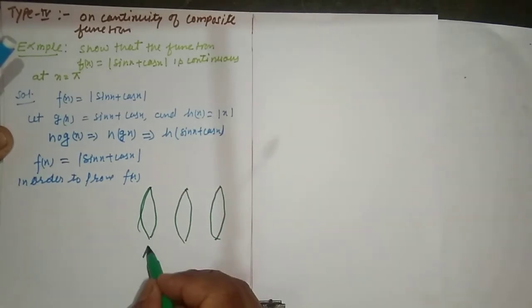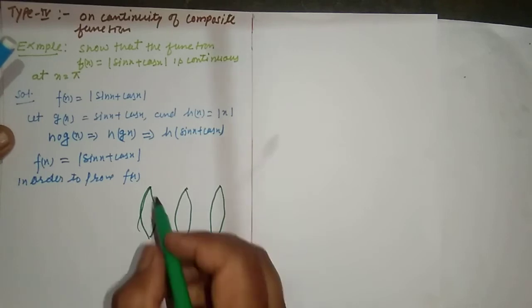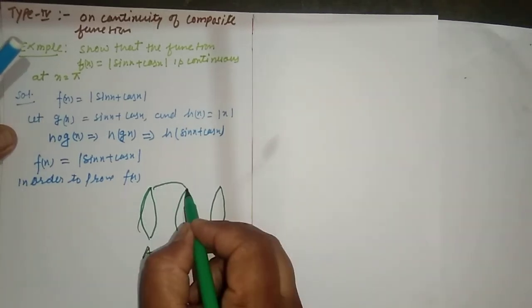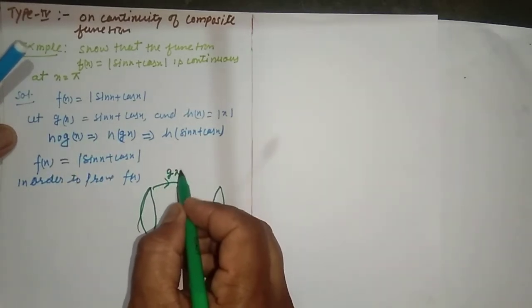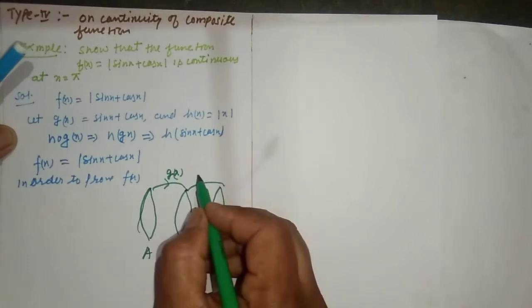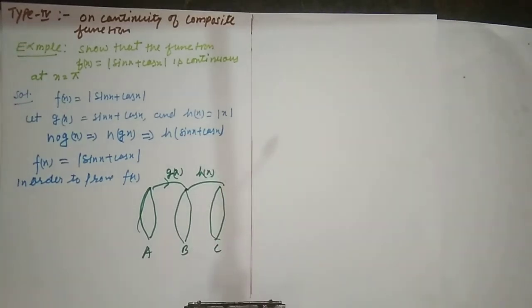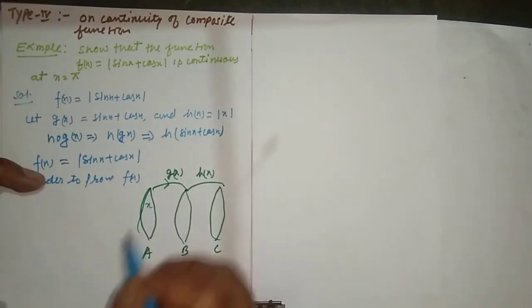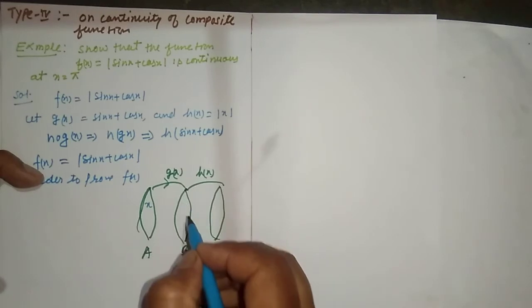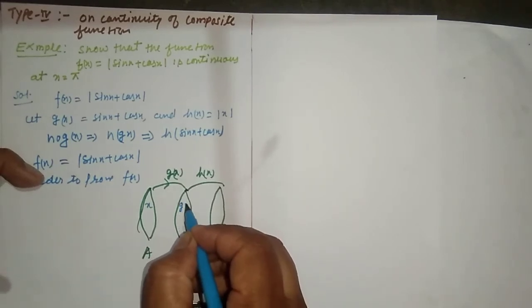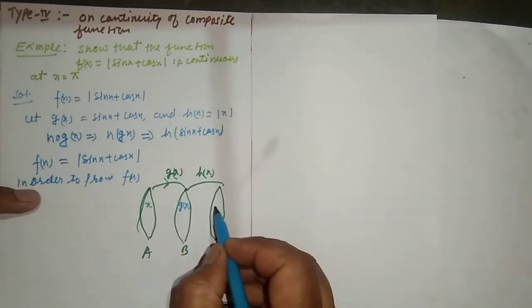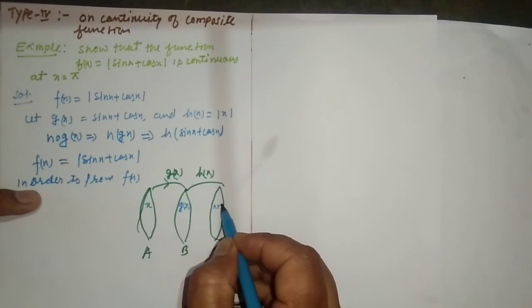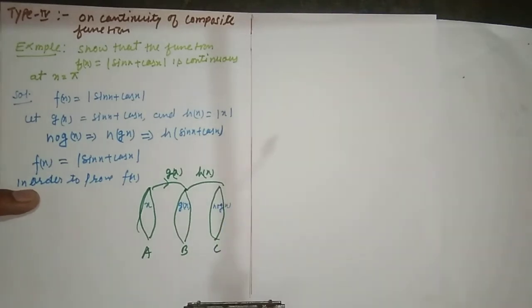Suppose we have three sets A, B and C, and A and B are related with function g(x), and B and C are connected with h(x). Suppose in set A we have an element x, so what kind of element will we find in B? g(x). And in C we will find h of g(x). Clear?